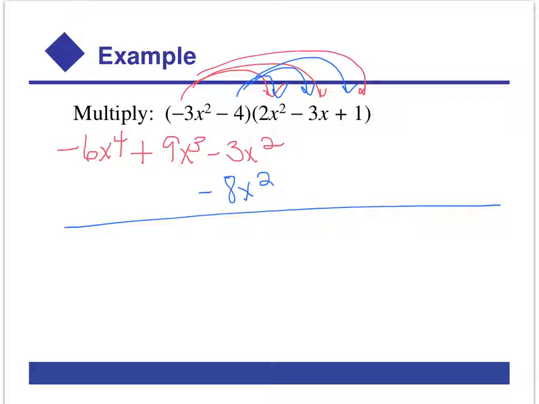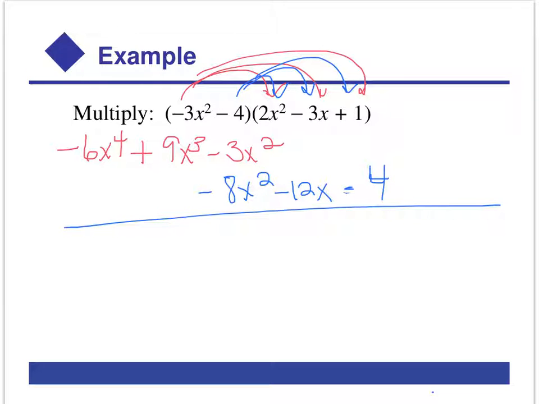So negative 4 times a negative 3x gives me a positive 12x. Negative 4 times 1 gives me a negative 4.